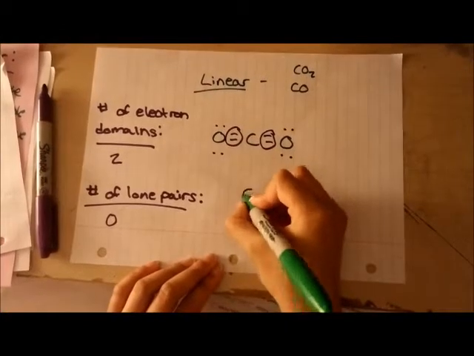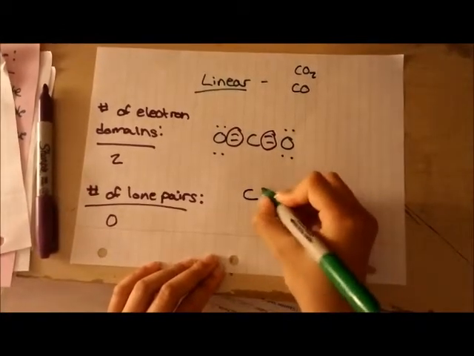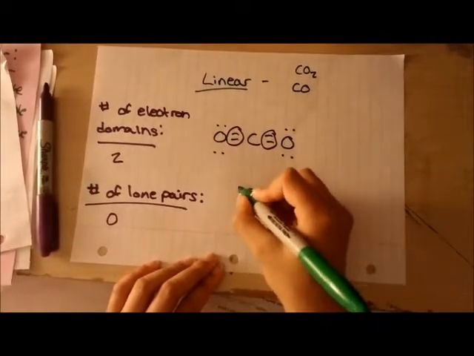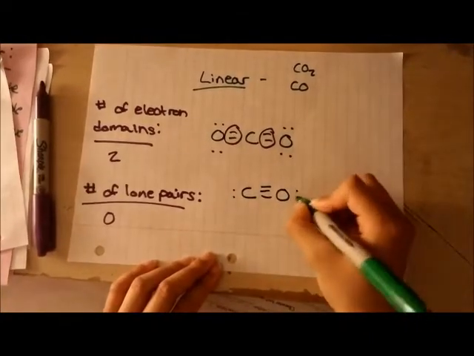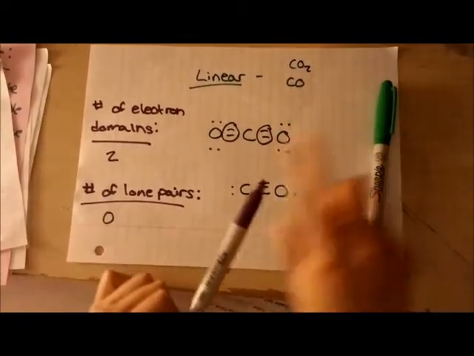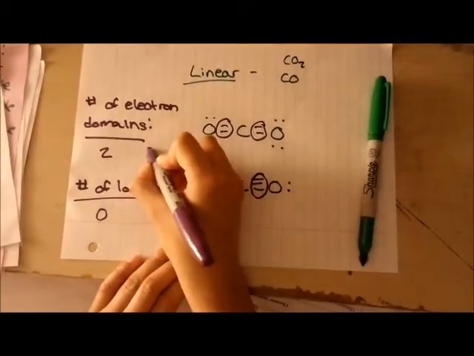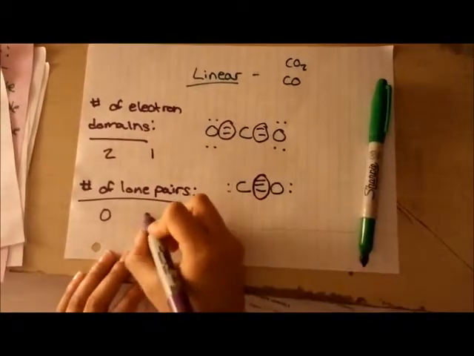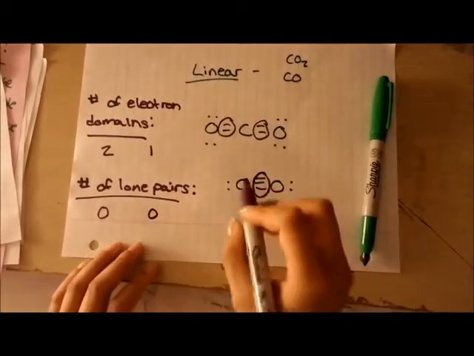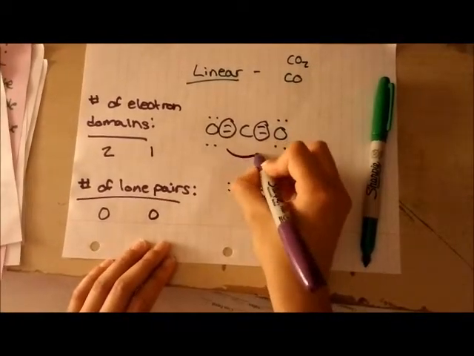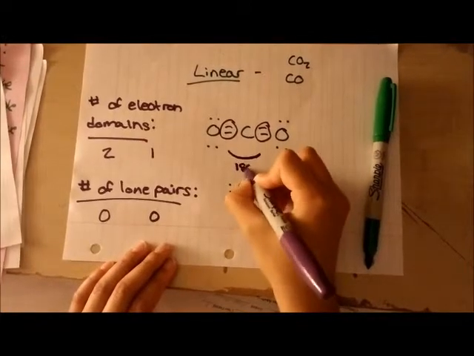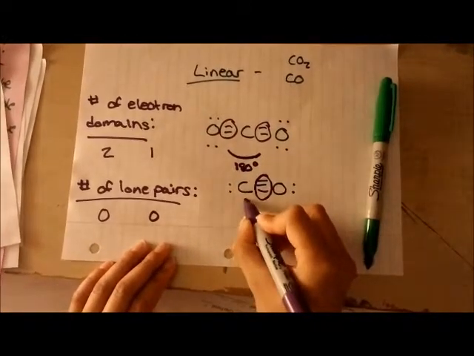As for carbon monoxide, it has 2 atoms, and any molecule with 2 atoms will always have a linear geometry. You can see that in both cases there are no unbonded pairs to further repel against the bonded pairs. So to get as far apart from one another as possible, the 2 oxygen atoms are on opposite ends, forming 180 degrees.